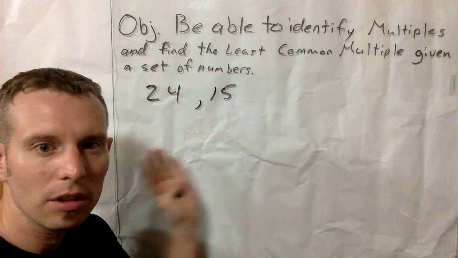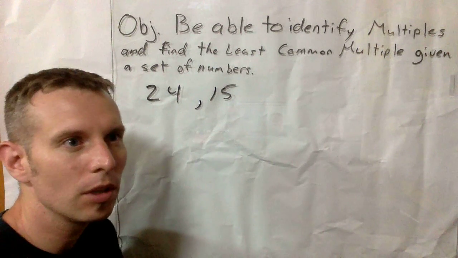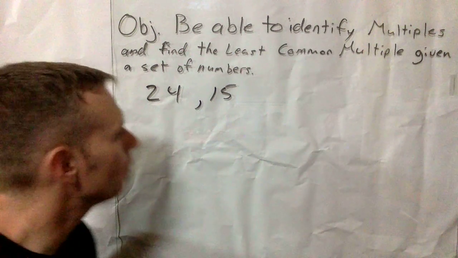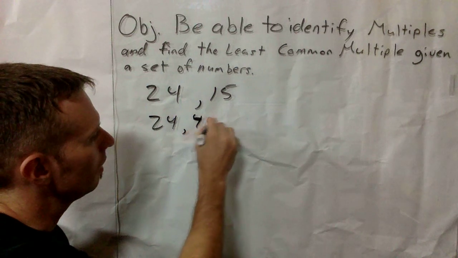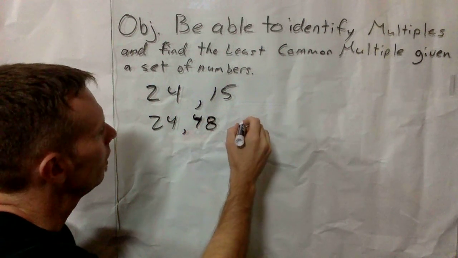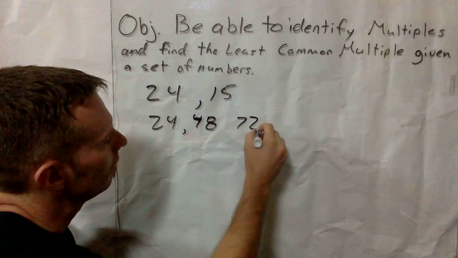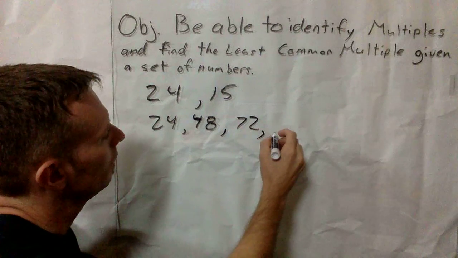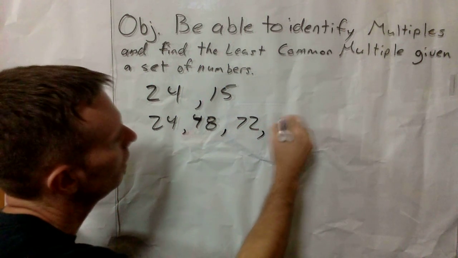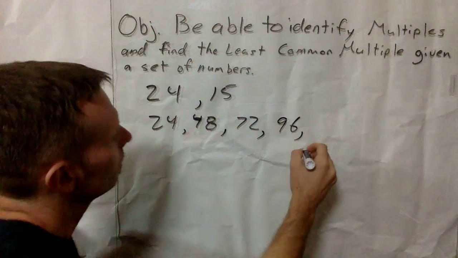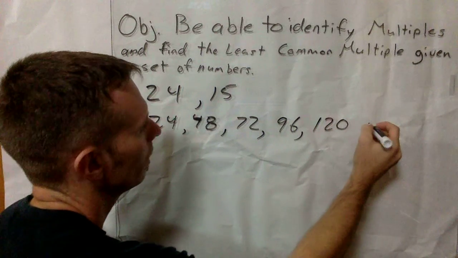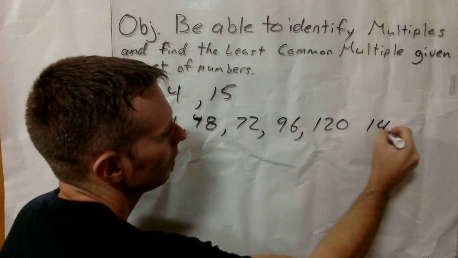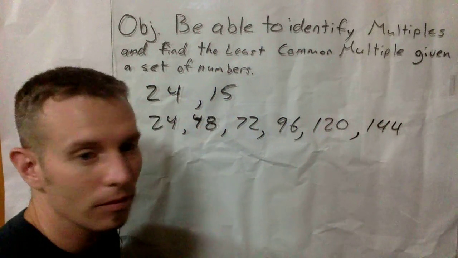So you just simply list all the multiples of 24 or several multiples of 24. So we have 24, 48, and next would be 72, and next would be 96, and I believe next would be 120, and after that would be 144.